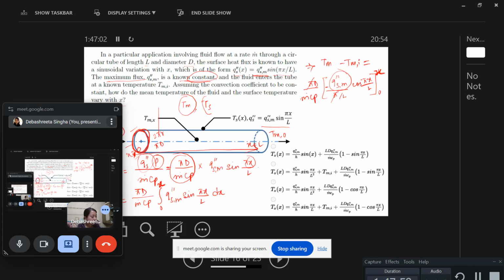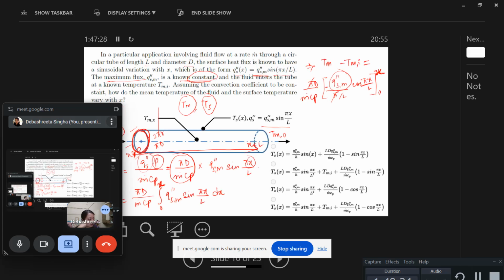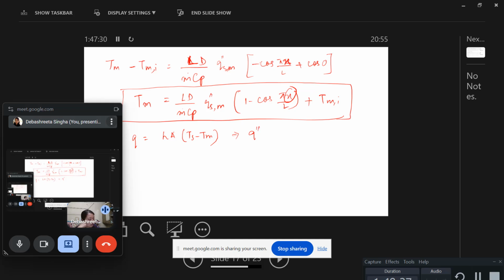Now again we have to find out how Ts varies with x. Ts is related with Tm as Q equals h A times Ts minus Tm. If we write the flux Q double dash, then A is gone: Q double dash equals h times Ts minus Tm. So Ts is equal to Q double dash by h plus Tm.